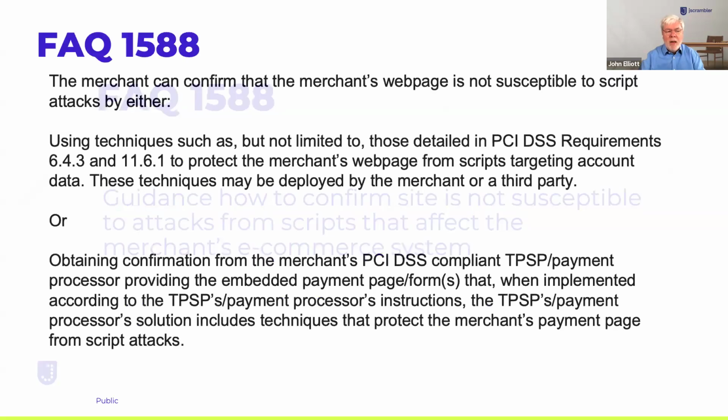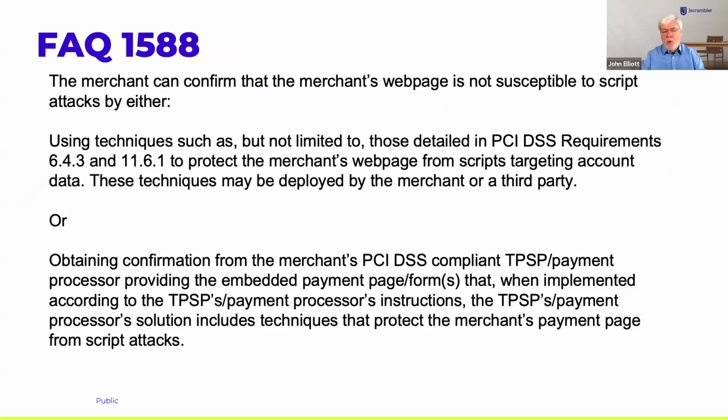Because FAQ 1588 says there are two ways you can confirm that your web page is not susceptible to script attacks. You could use techniques such as, but not limited to, 6.4.3 and 11.6.1. So you could still do 6.4.3 and 11.6.1, and then confirm that your web page is not susceptible to script attacks.